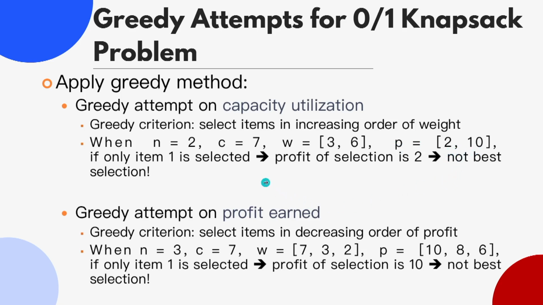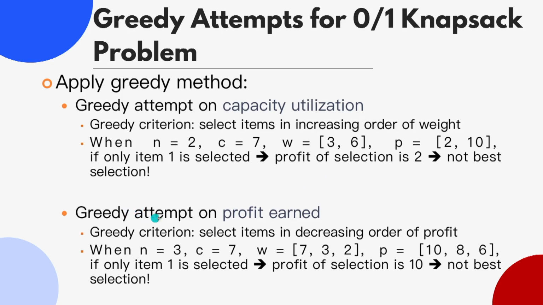If I choose the first item, its weight is 3, so if I put it within the knapsack, I will have only 4 units of weight left, and I may not pick up the second item then. If only the first item is selected, the profit I would get is only 2, so this is not the best solution, because there is another item whose profit is 10.